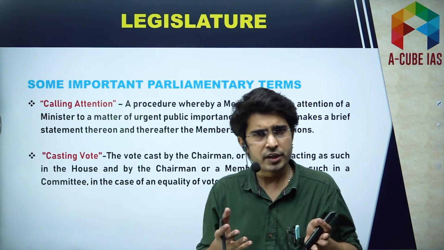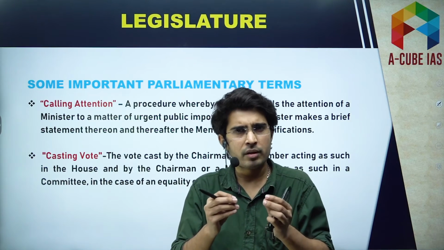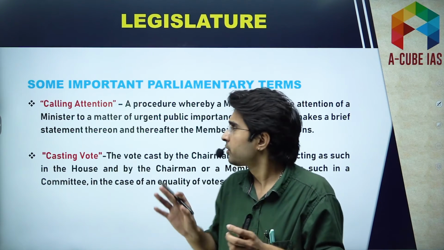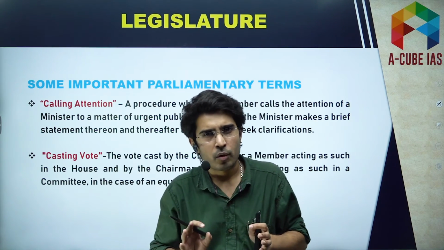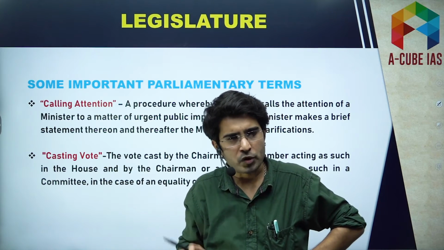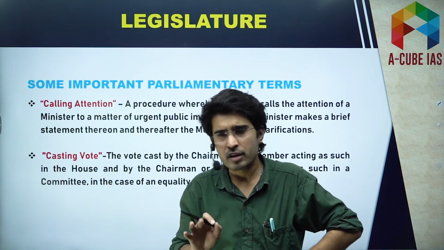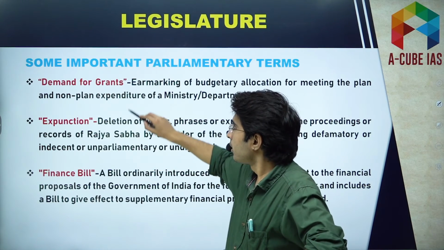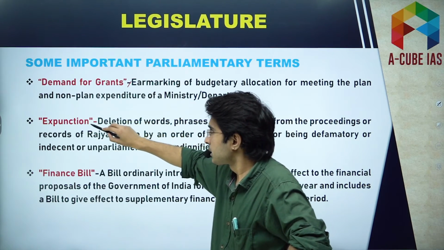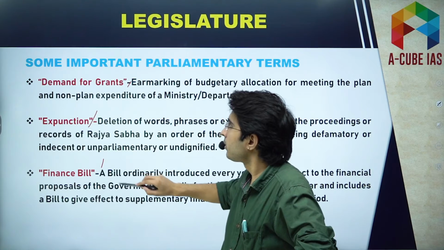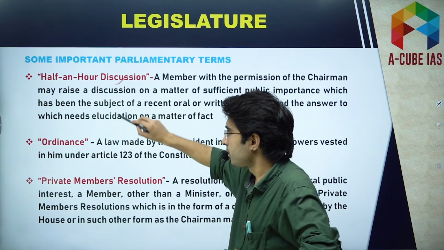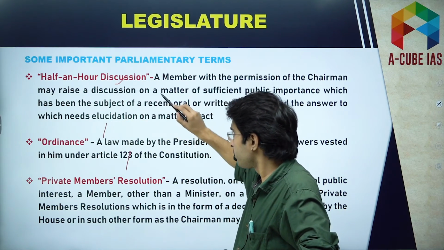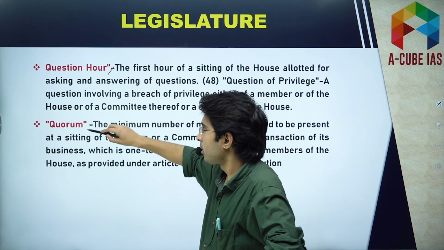Now I have provided the list of some important terms related to polity, some parliamentary terms. All these terms are very important. A question might be asked in prelims. We have calling attention, casting vote, demand for grants, expansion, finance bill, half an hour discussion, ordinance, private members resolution, question hour, quorum.